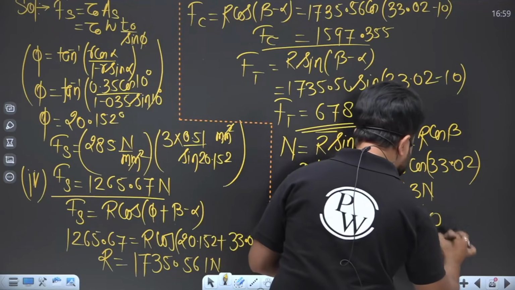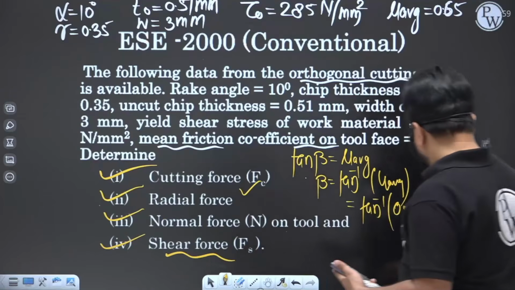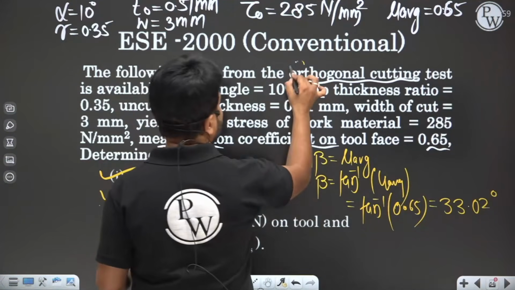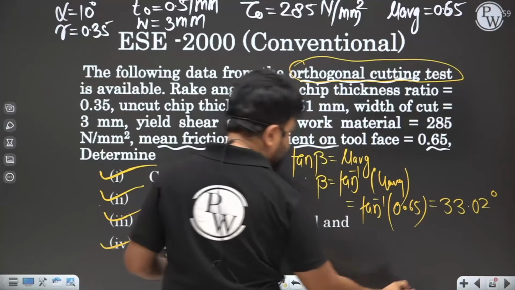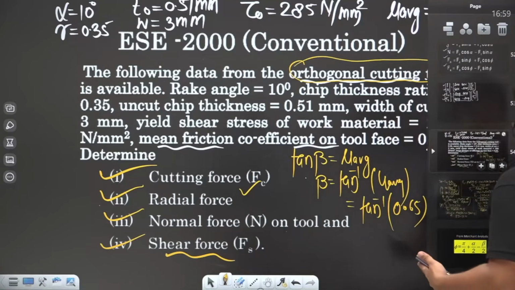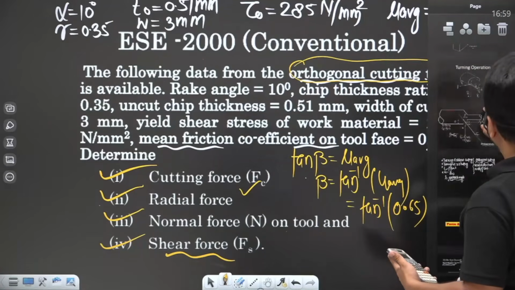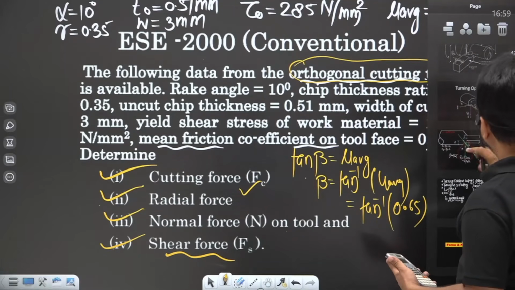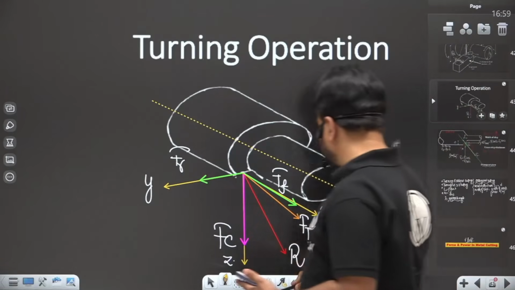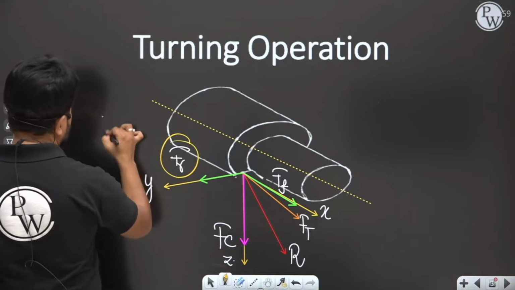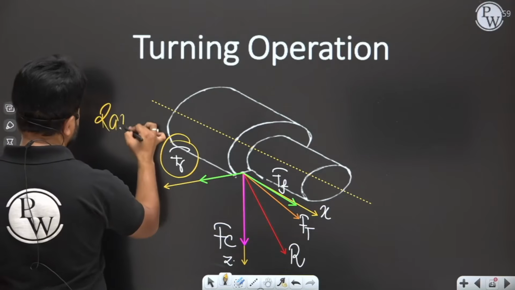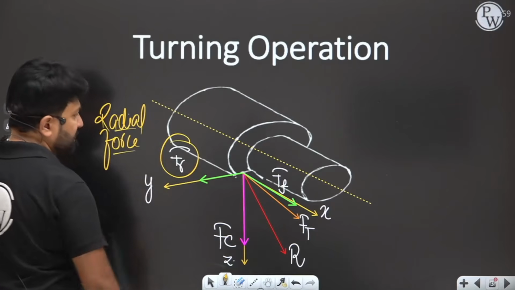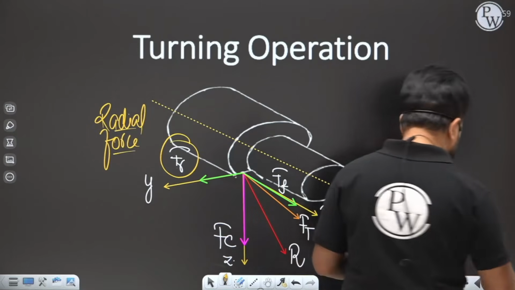Now, if you talk about the radial force, here radial force is 0. Why is radial force 0? Because radial force comes in a turning, and it is a purely orthogonal cutting, not a turning. I told you in the turning analysis that radial force Fr will come into the turning, not in orthogonal cutting.